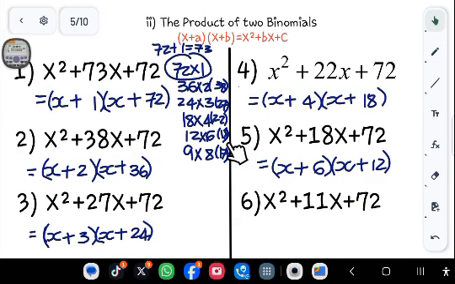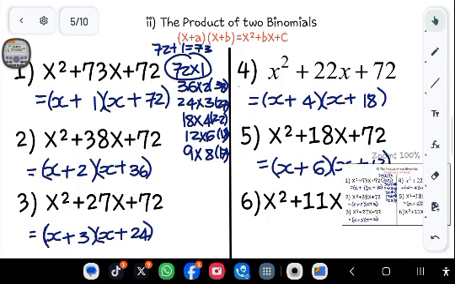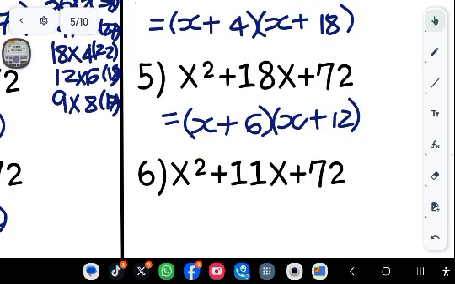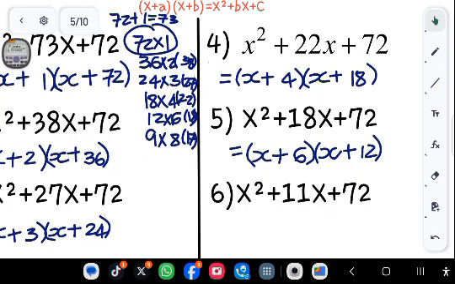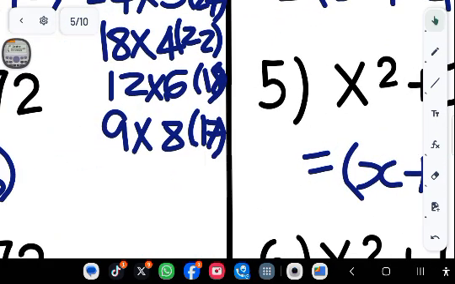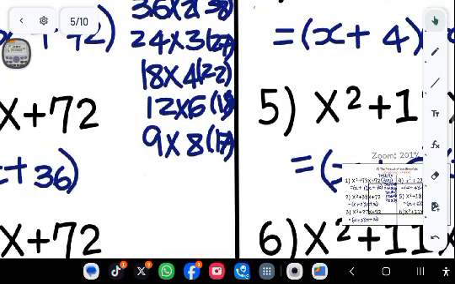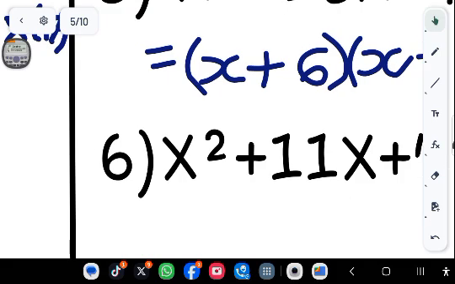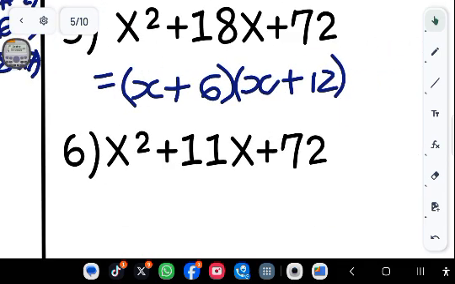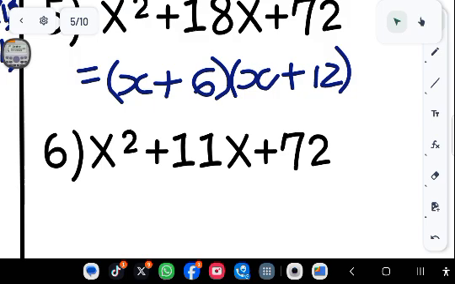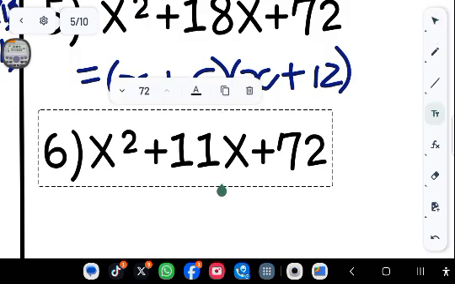Lastly, this one has 17 in the middle. Sorry about that, I had written 11, but this was supposed to be 17. Let me fix that.